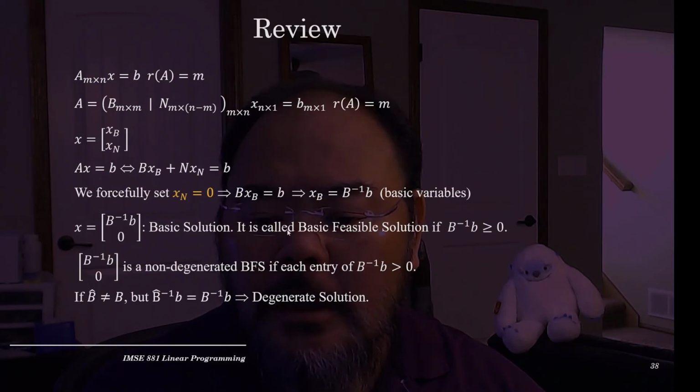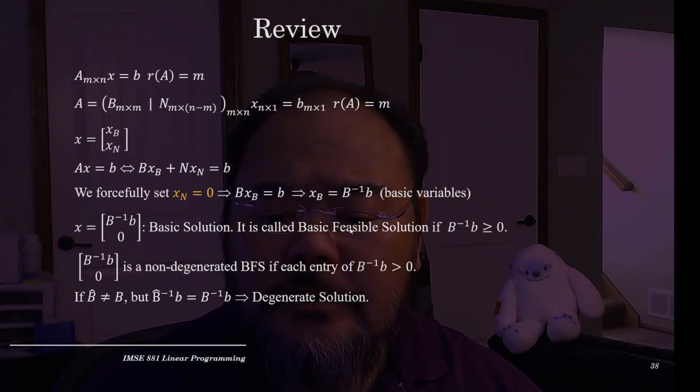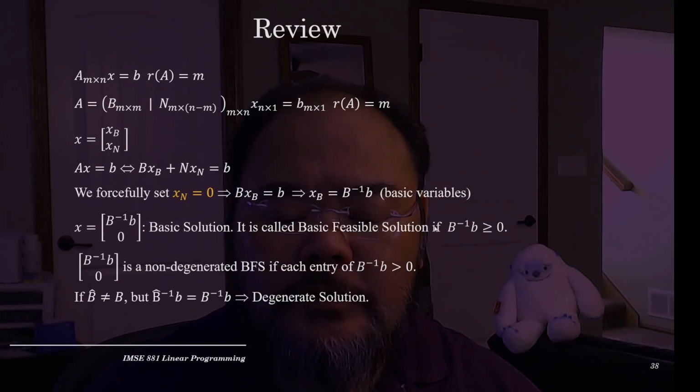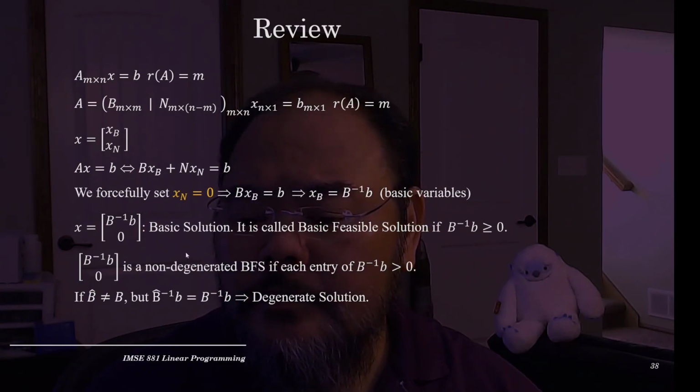If a basic solution satisfies the non-negativity constraint, we call it a basic feasible solution. Many times later on you will see that we call it BFS. So it is a basic feasible solution if B inverse times b is non-negative.